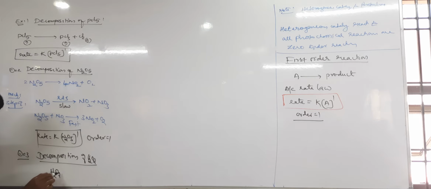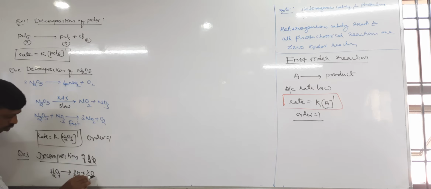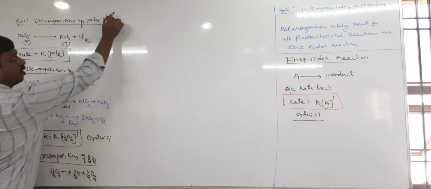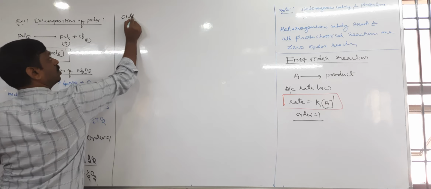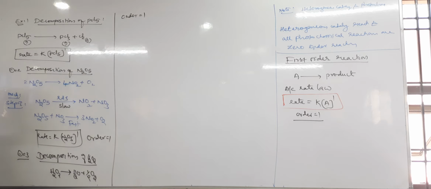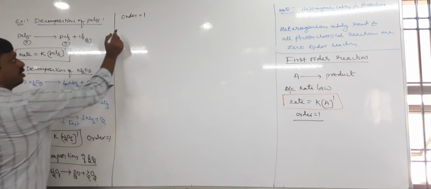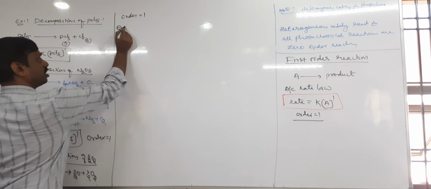H2O2 gives rise to H2O plus half O2. Its order is equal to 1. Okay. Next, another example.